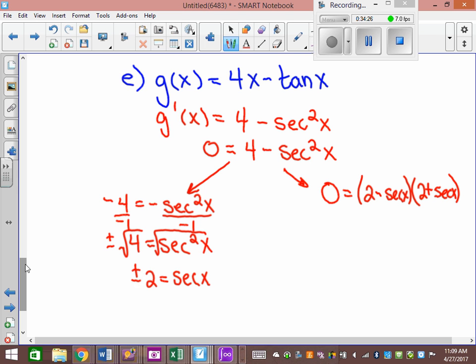So when I solve them out, I get 2 minus secant x equals 0. 2 plus secant x equals 0. And I get secant x equals 2. And secant x equals negative 2. It's whatever way that they just instantly see doing it. It doesn't matter, neither is more correct.